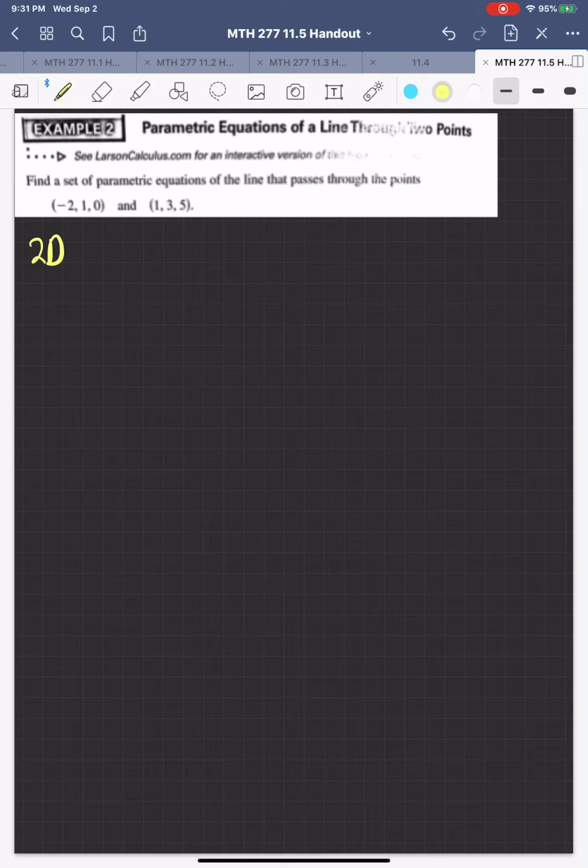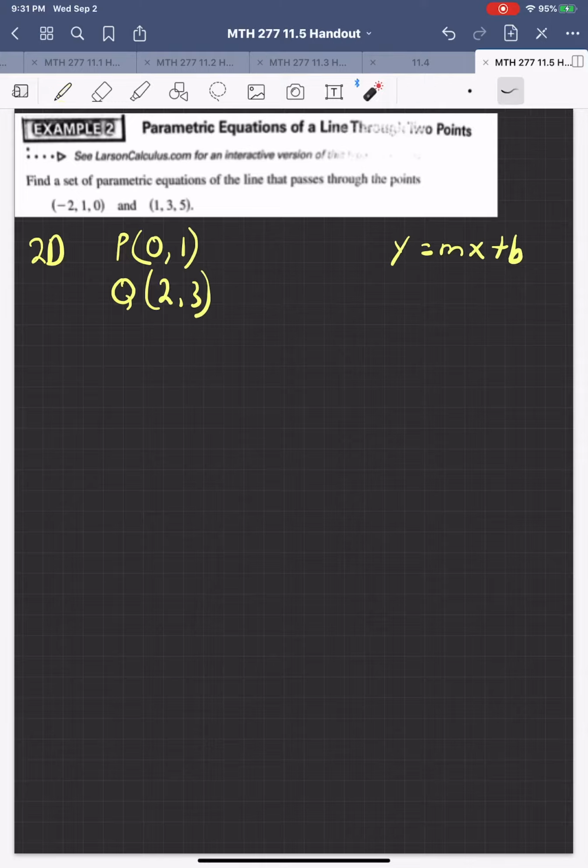Assume that I gave you points 0, 1 and 2, 3, and I were to ask you to find me the equation of that line. So instead of given a point and a slope, you're given 2 points. Well, you know what you would do here.